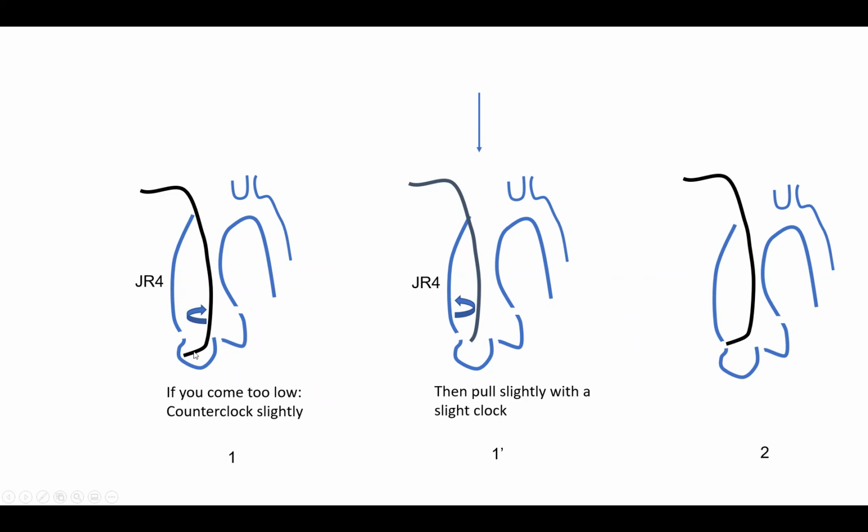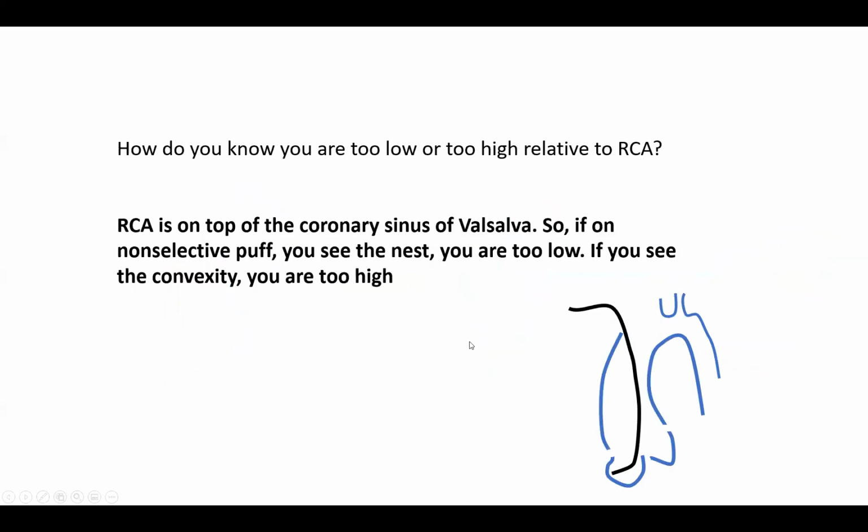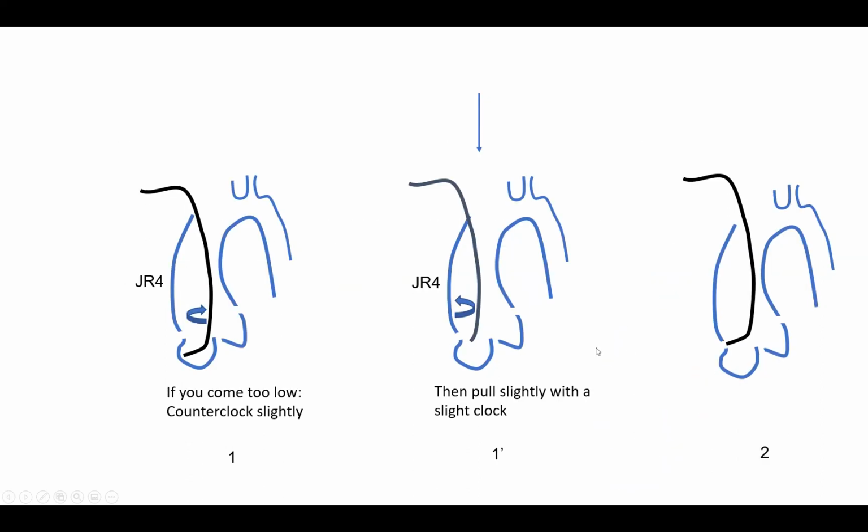So you counterclock a little bit to make it look a little toward you. Then you counterclock and pull to raise the level. Then you clock again to get into the coronary. Okay? And this is a standard maneuver that you should know how to do.